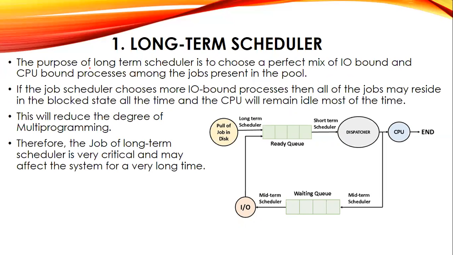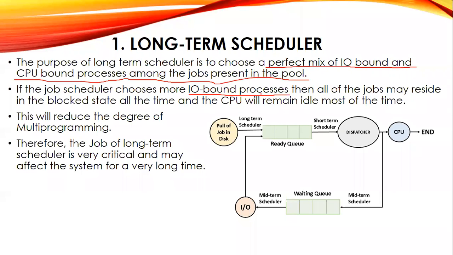The purpose of the long-term scheduler is to choose a perfect mix of input-output-bound and CPU-bound processes among the jobs present in the pool. If the job scheduler chooses more input-output-bound processes, what does this mean?